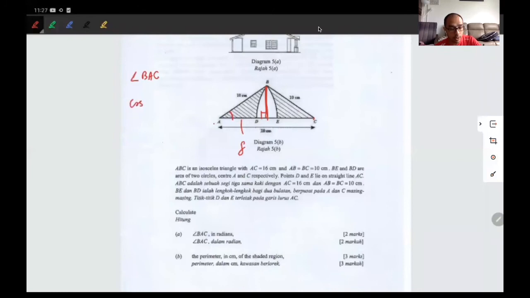So cos BAC equals 8/10. And then I will get BAC equals, shift cos, 36.8699 degrees, which will be how many radians?